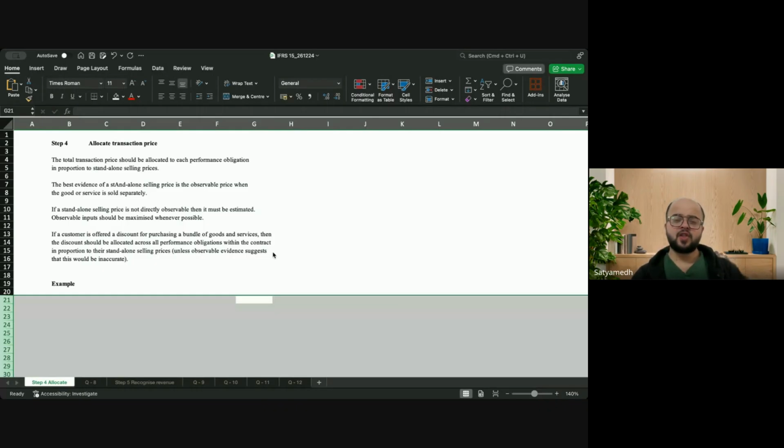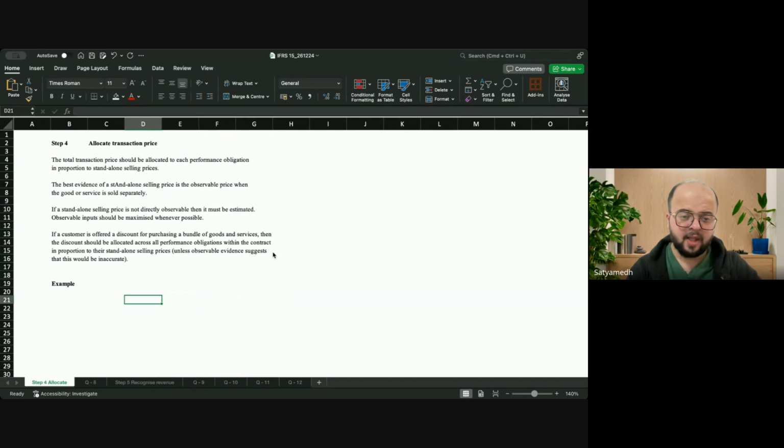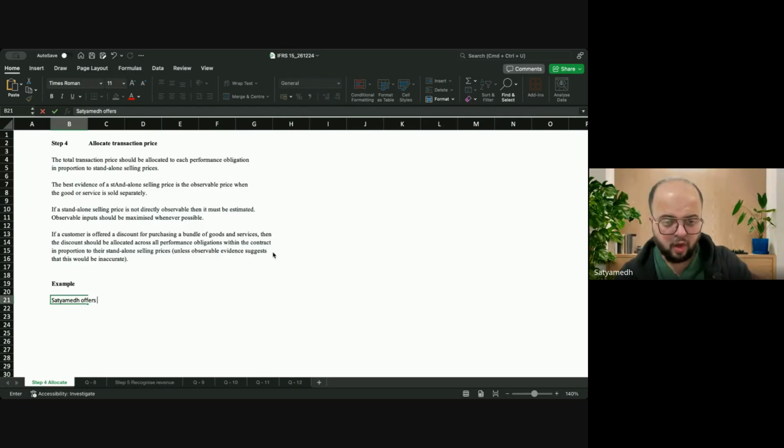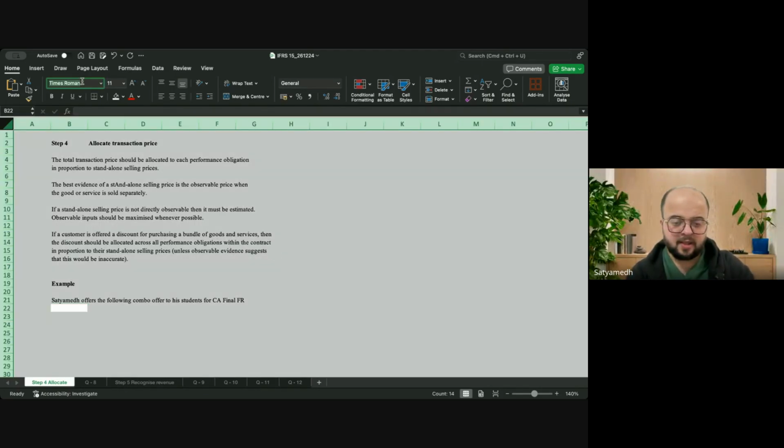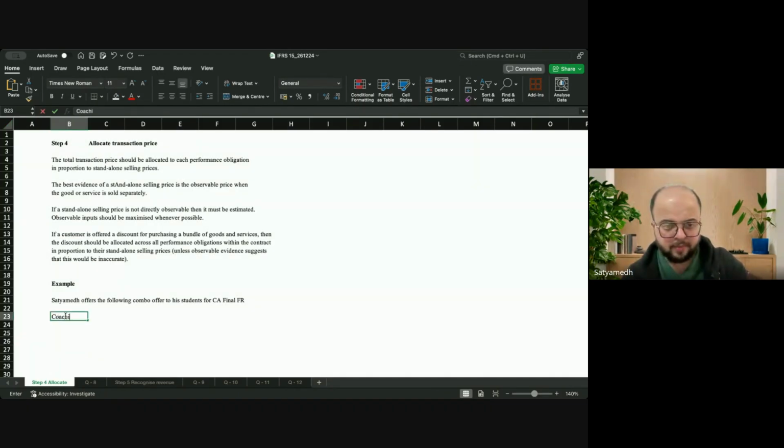Let me give you an illustration of how exactly you split the transaction price. Say, for example, Satyamit offers the following combo offer to the students for CA Final FR. Satyamit offers them three things: coaching, test series, and career counseling.